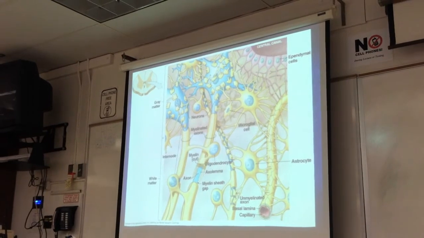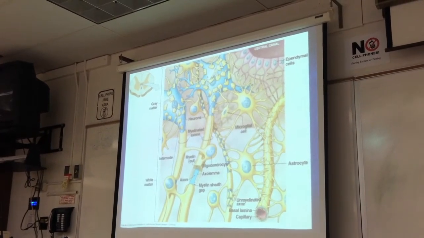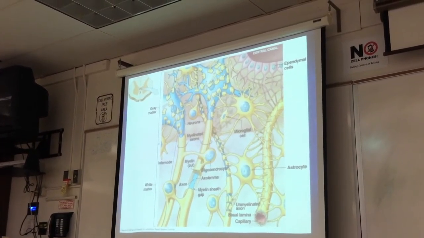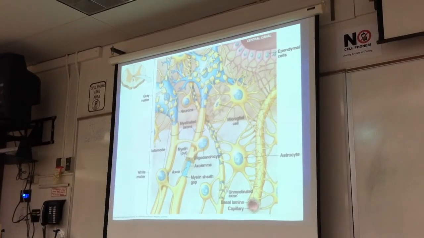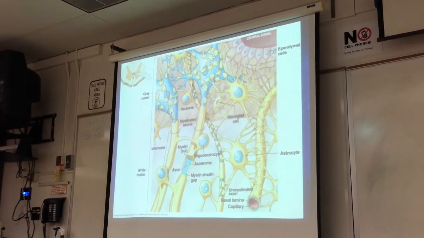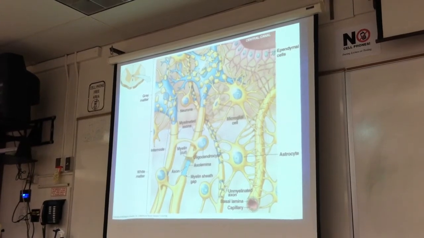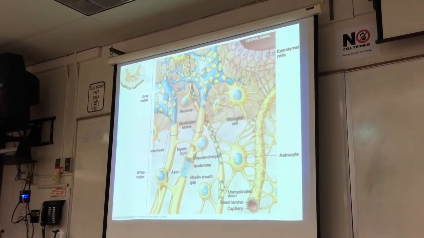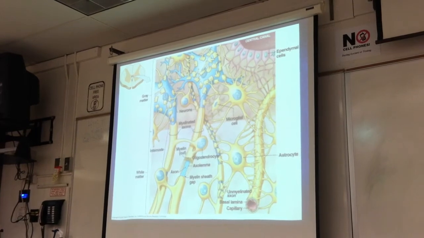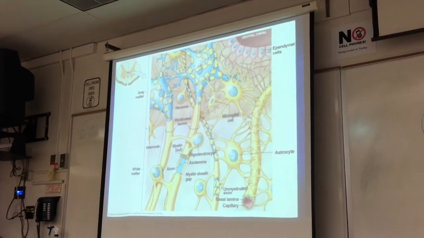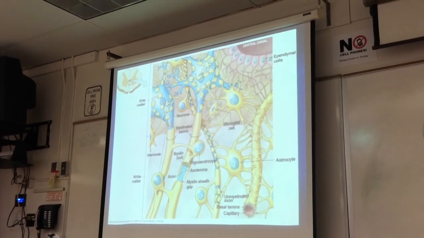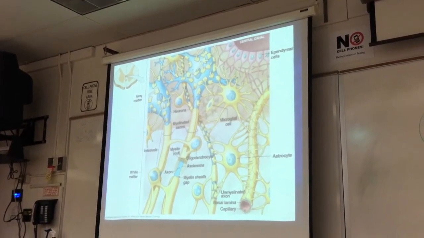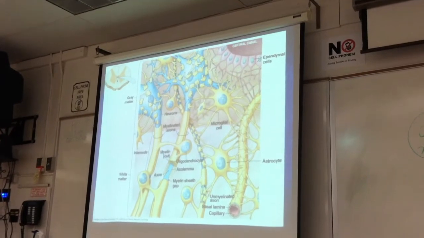For most people, unless the stroke is huge, you can kind of work around the damaged area, meaning other neurons will, with physical therapy and maybe some other types of therapy. Dad always had a little bit of weakness in the arm, but he was pretty good, he was driving and things like that. But when the neurons go away, they go away. They don't come back and say, okay, I'm fine now, oxygen's back. It doesn't work that way.